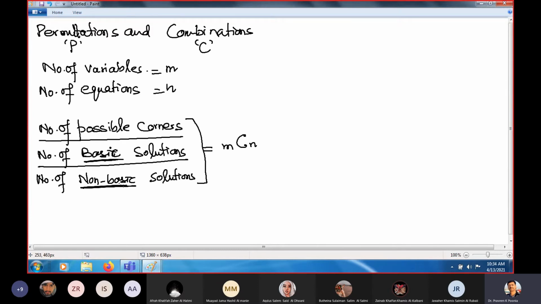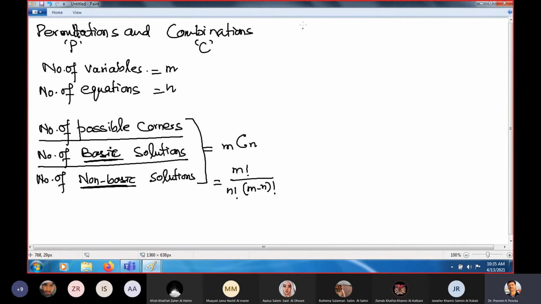Don't worry about what basic and non-basic are. So it is mCn. What is the value of mCn? It is factorial m upon factorial n into factorial m minus n. The value of mCn you studied in applied mathematics. How to calculate the factorial?